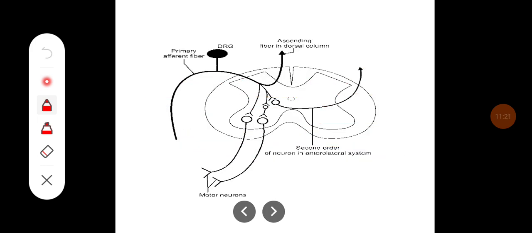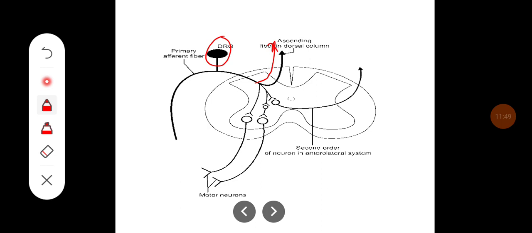Okay, so this diagram shows the spinal connections of the afferent neuron in the spinal cord. When the afferent nerve comes through the dorsal root ganglion and comes to the dorsal horn, it may take different pathways. As I told, it can ascend up into the dorsal column.